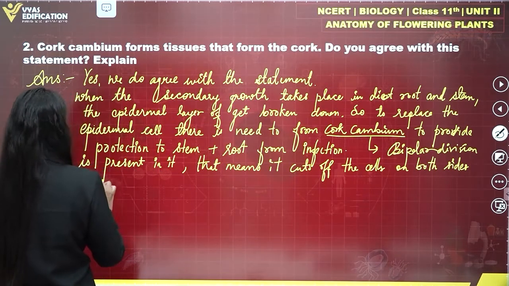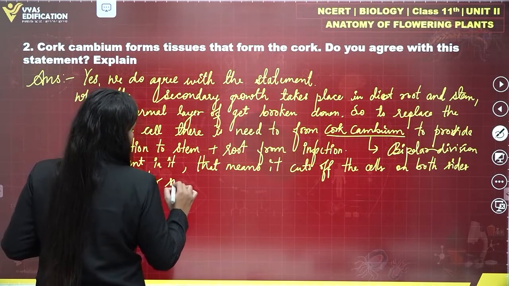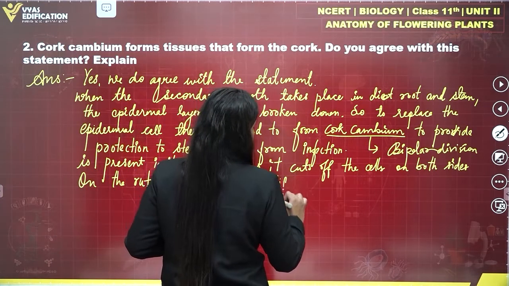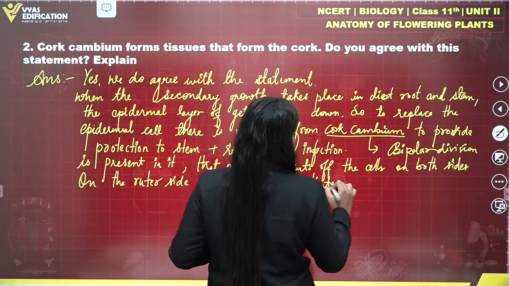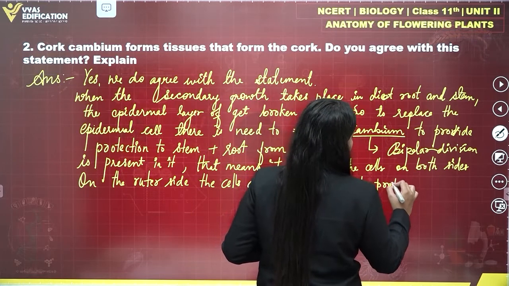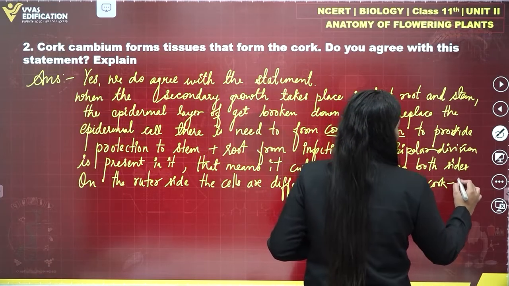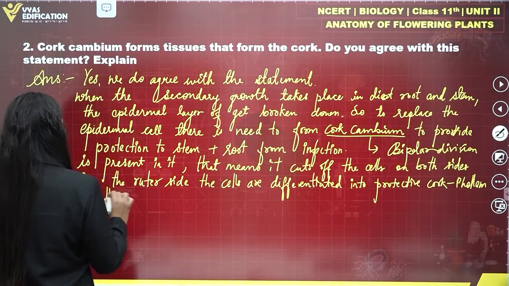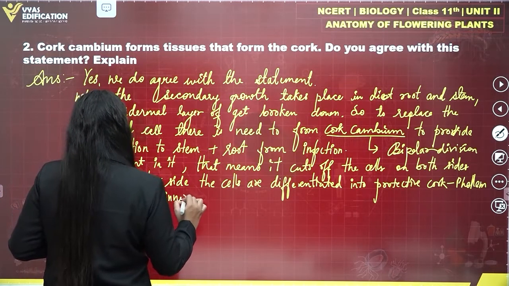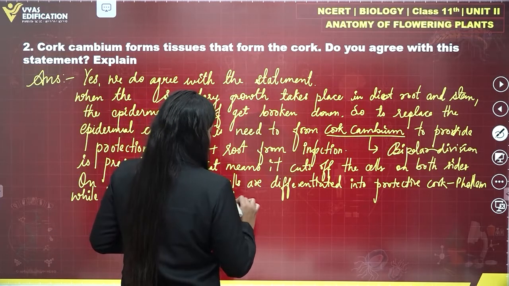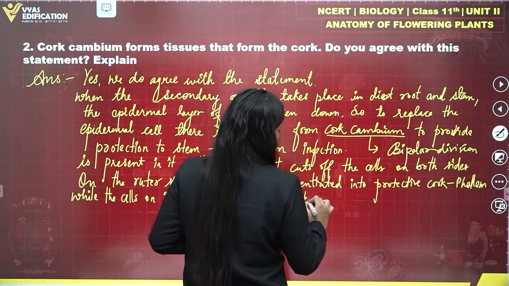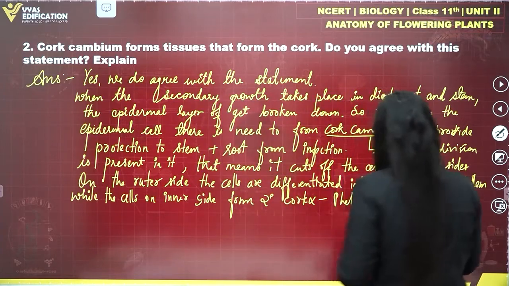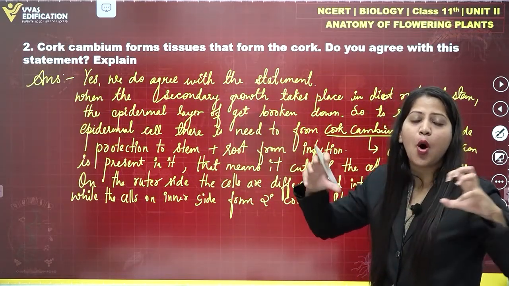Now on the outer side, the cells are differentiated into protective cork known as phellem, while the cells on the inner side form secondary cortex known as phelloderm.